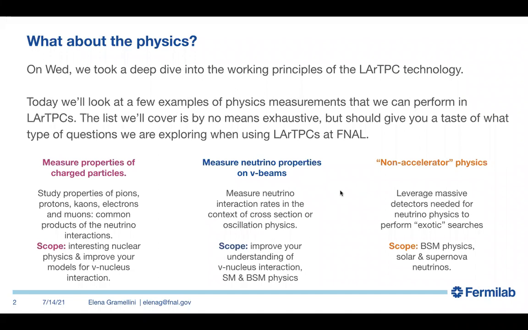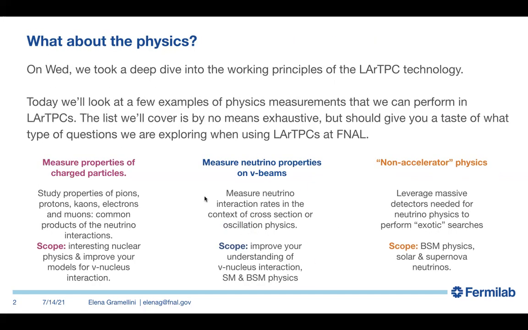What we're trying to build at Fermilab, well, not at Fermilab, but under the Fermilab umbrella, is DUNE, and there's a lot of other physics that you can do with DUNE when you're not sending neutrinos to DUNE. You basically leverage the mass itself, the fact that you need 10 kilotons of material, to perform exotic searches of, for example, grand unified theories. So the idea is to use these detectors to do beyond standard model physics, solar and supernova neutrino physics.